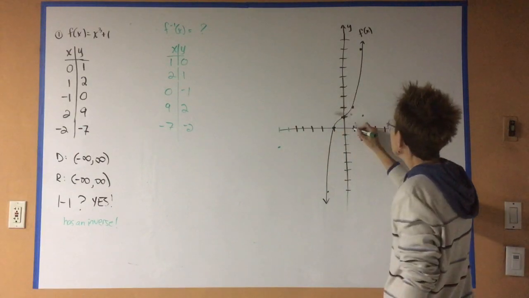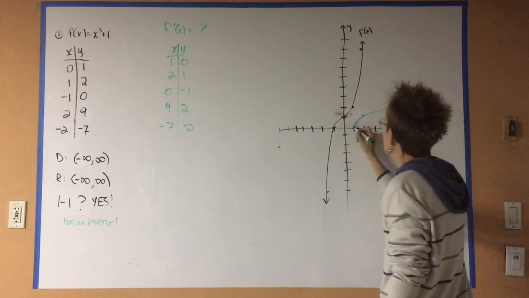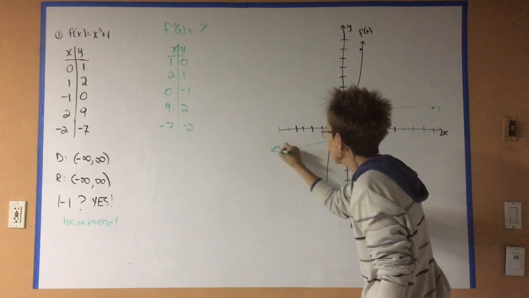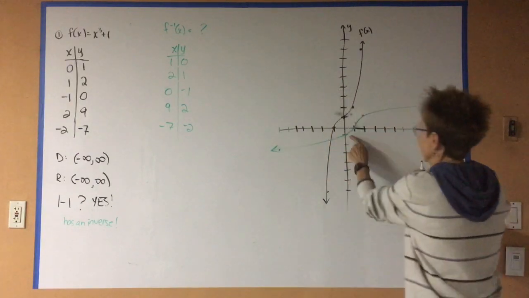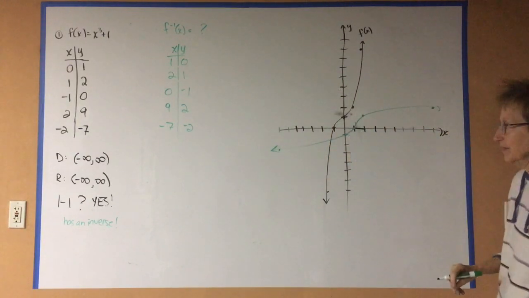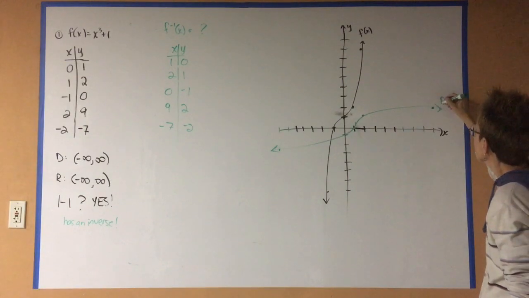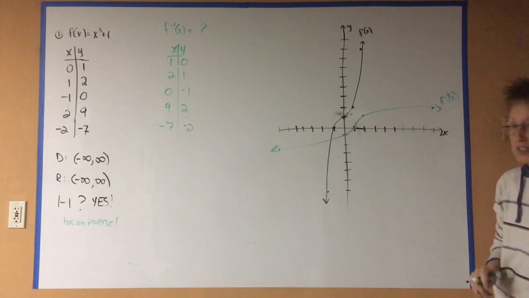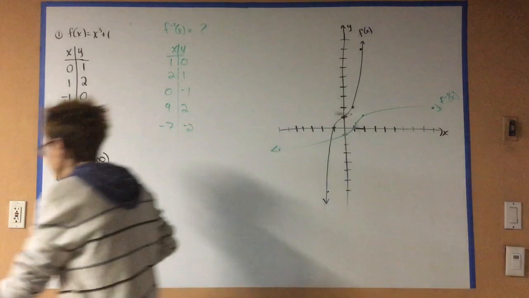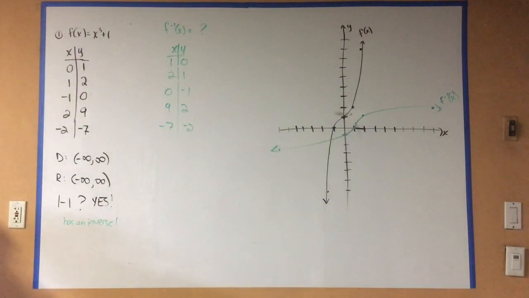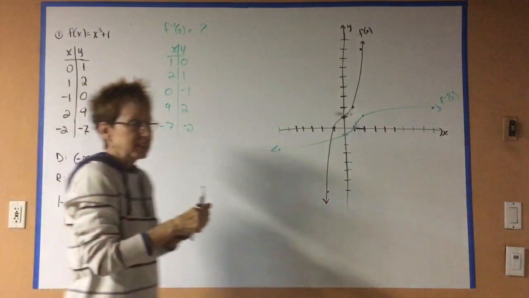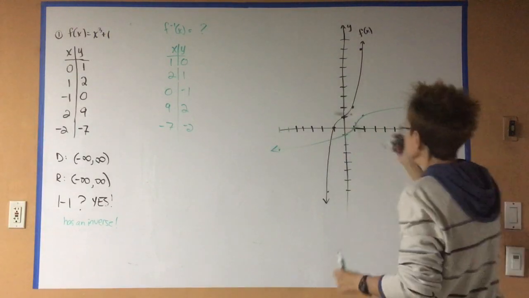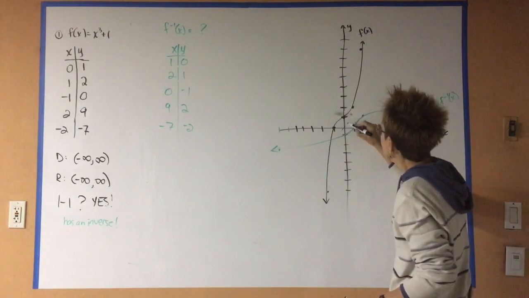So it's the horizontal snake sort of emanating from the 0, negative 1. So there's f inverse. There's its graph. Not only that, I can double check and make sure that there's symmetry going on here. Take a look at this, y equals x.